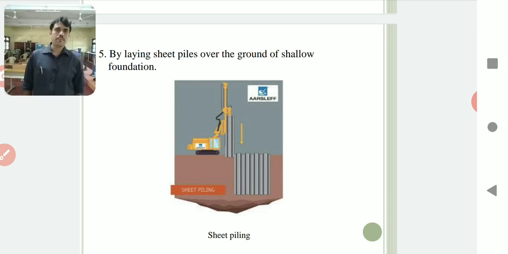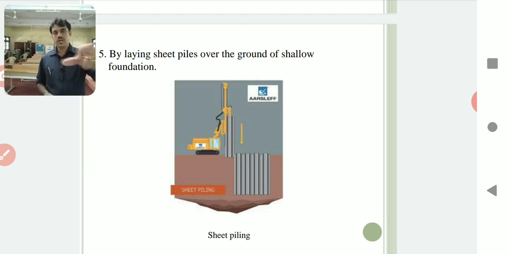These are applied in case of what we call spreading type of soil or sandy type of soil. We are restricting the spreading. Now, to prevent the spreading, what do we do? We will protect it by applying sheet piles. So this is the best method for sandy type of soil or spreading type of soil.